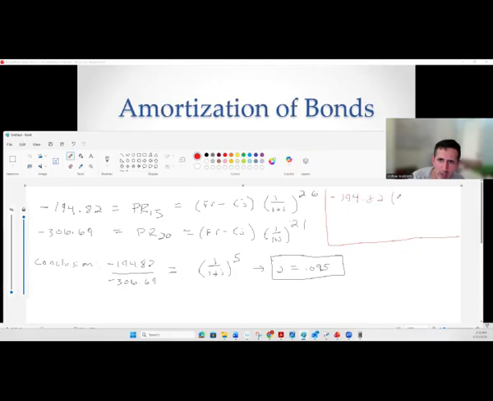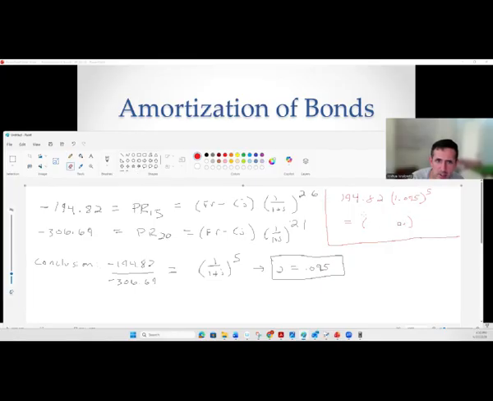194.82 times 1 plus j, which is 1.095, to the fifth equals FR minus CJ. So let's just multiply both sides by -1.